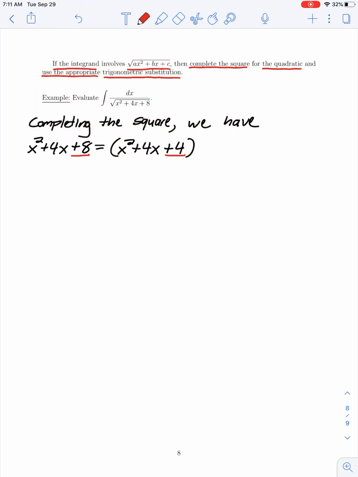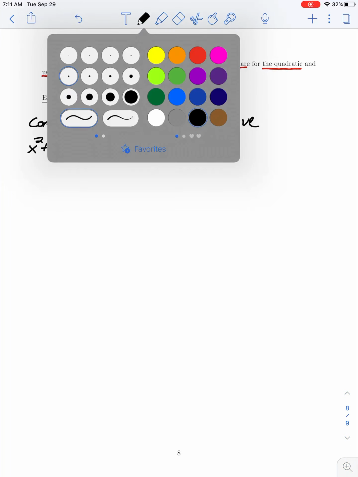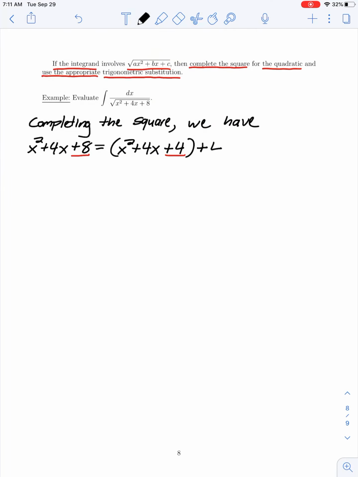In order to get a total constant value of plus 8, I need to add another 4. And this allows me to factor that expression in parentheses as x plus 2 quantity squared, and then I've got my plus 4 term on the end.